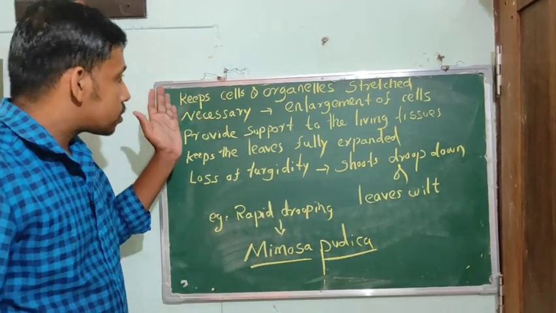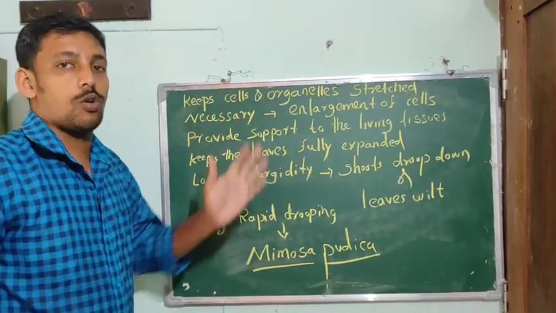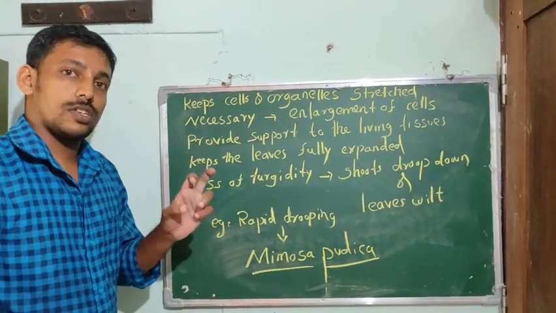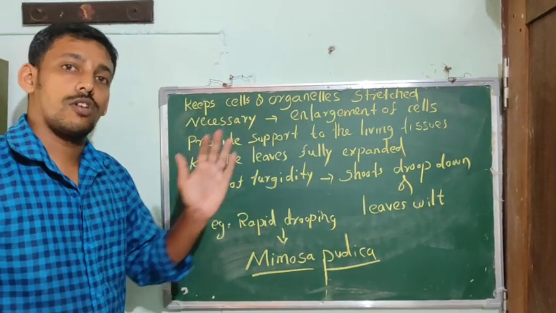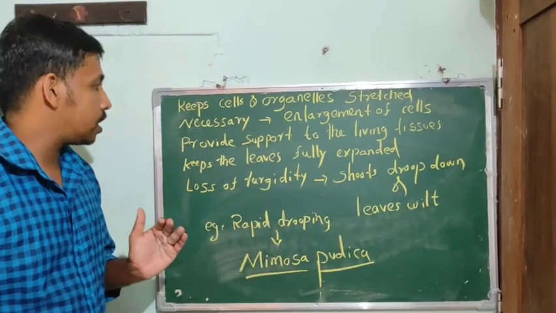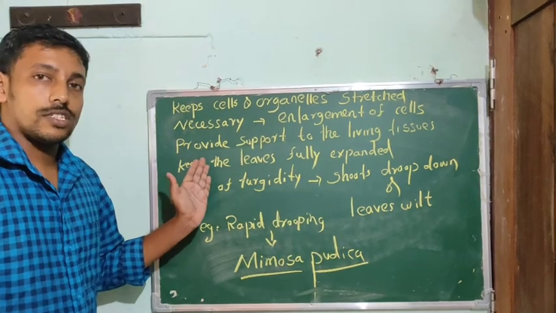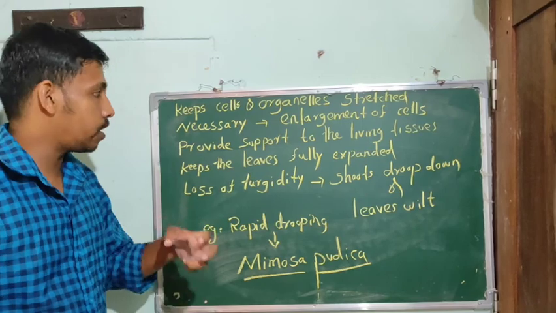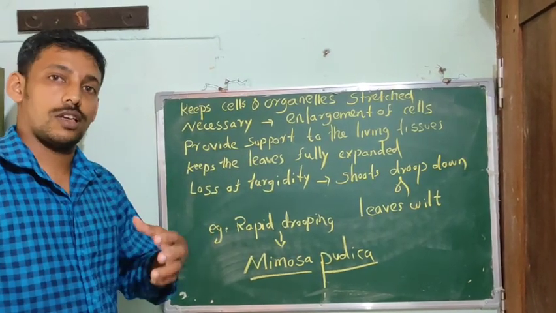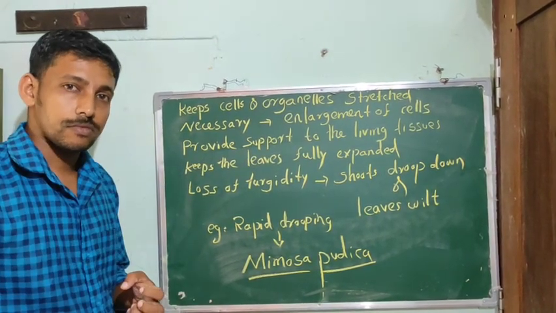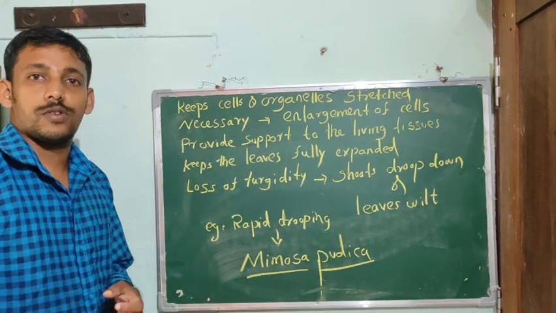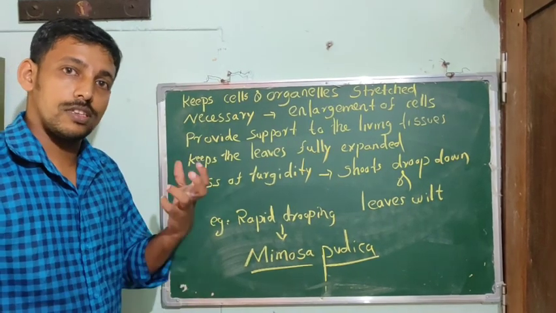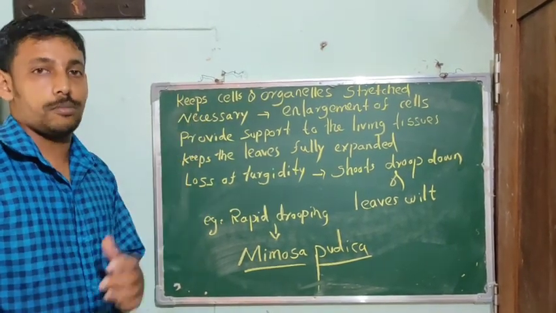The turgor pressure is necessary for the enlargement of the cells. It provides support to living tissues like parenchyma. It is also very important for the shape of the flower or the shoot.